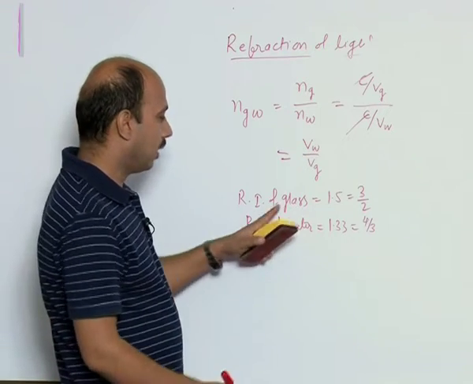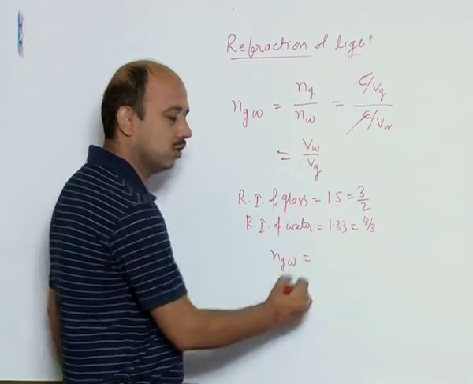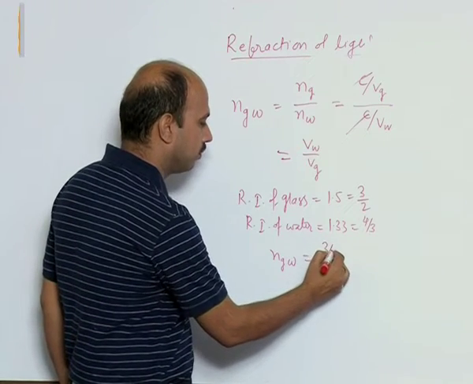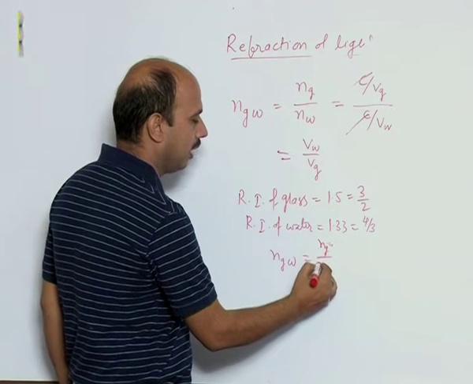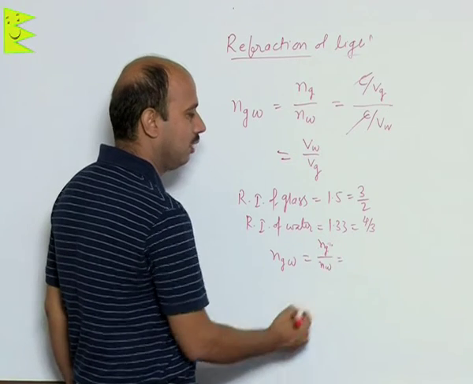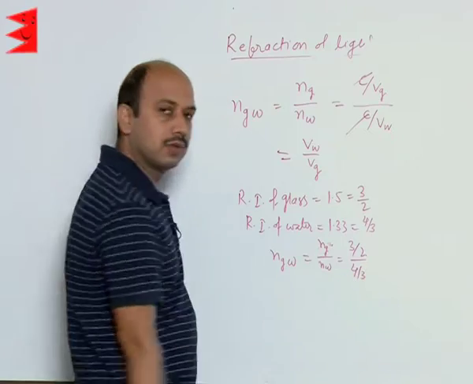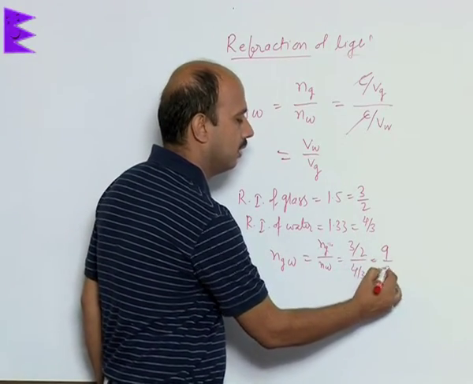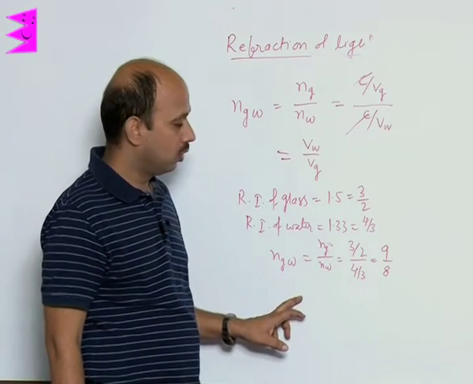Now, if we want to calculate refractive index of glass with respect to water, we can write Ng divided by Nw is equal to 3/2 divided by 4/3, and here we can take up, that is 9/8. So, this is refractive index of glass with respect to water.